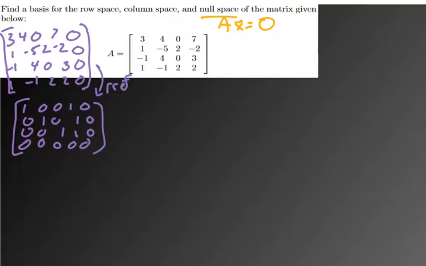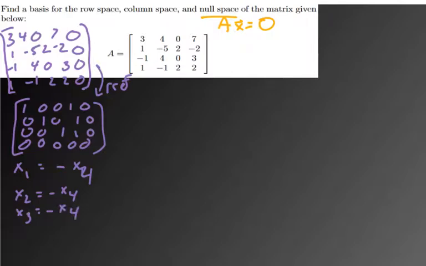Then from here we can see x1 equals -x4. I don't know why I said x2 and -4, probably because I was thinking ahead. x2 equals -x4 also, and x3 is -x4.